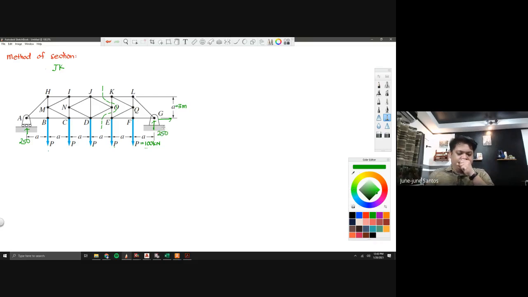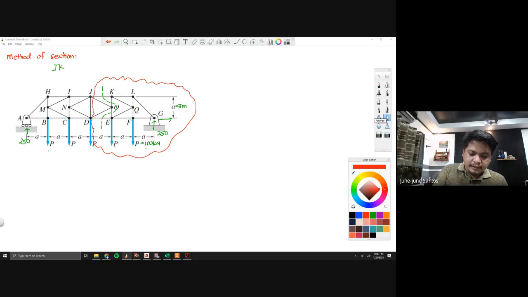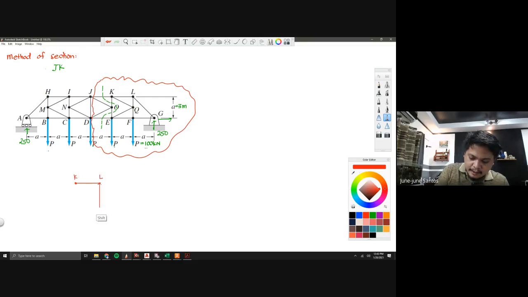And then, I will try to isolate this area. Okay. So, kapag in-isolate ko siya, K, L, F, G, E. Okay, tapos may dalawa kang ganun.